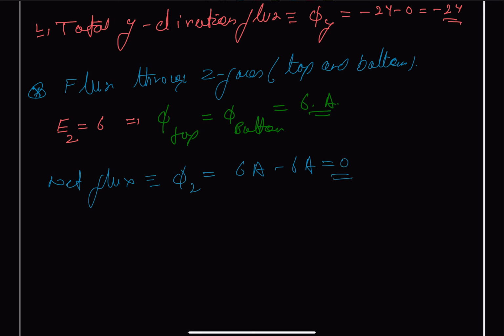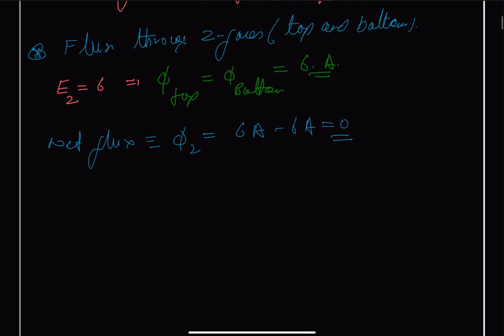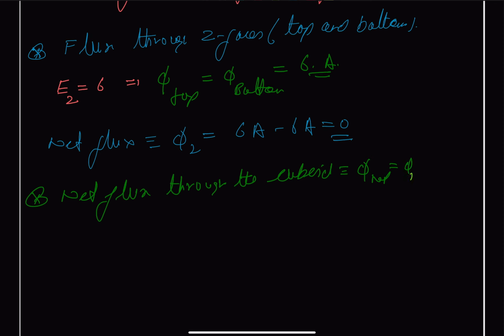Therefore we can say the net flux through the cuboid, let us call this phi net, will be equal to phi x plus phi y plus phi z.